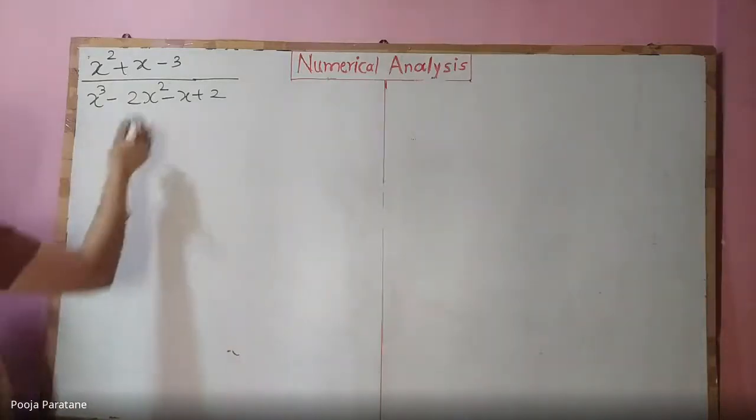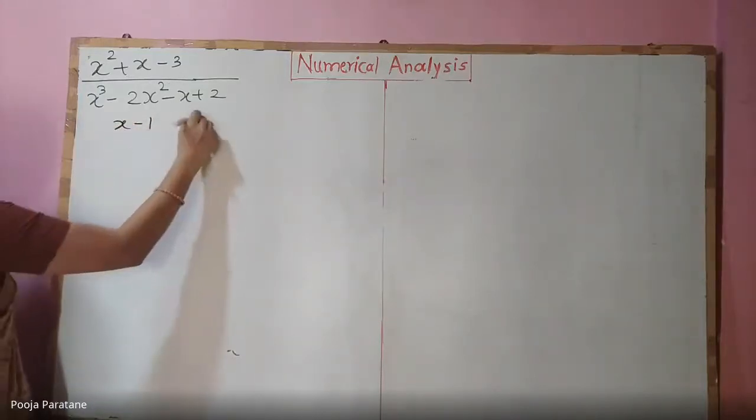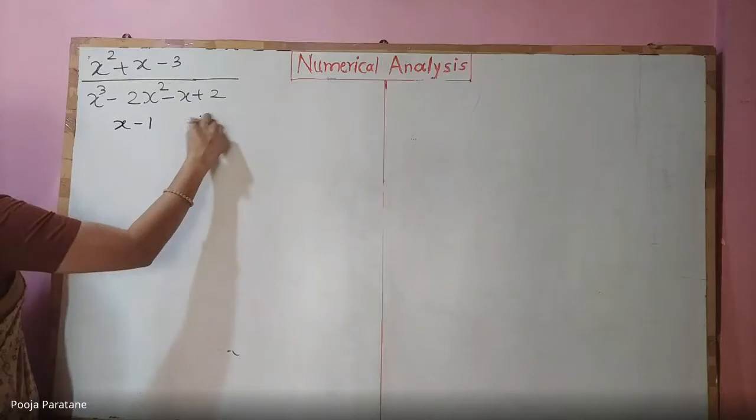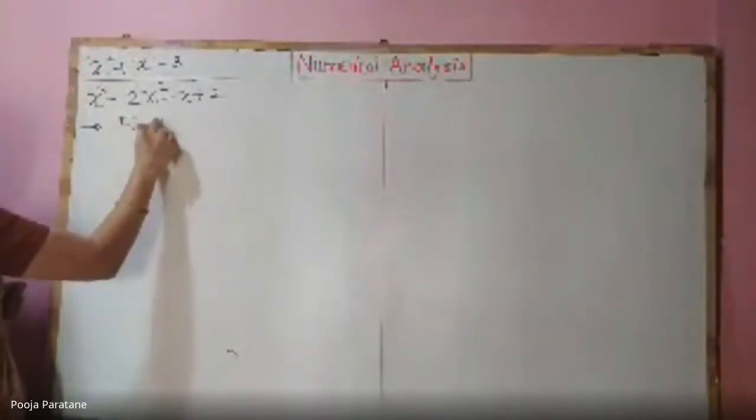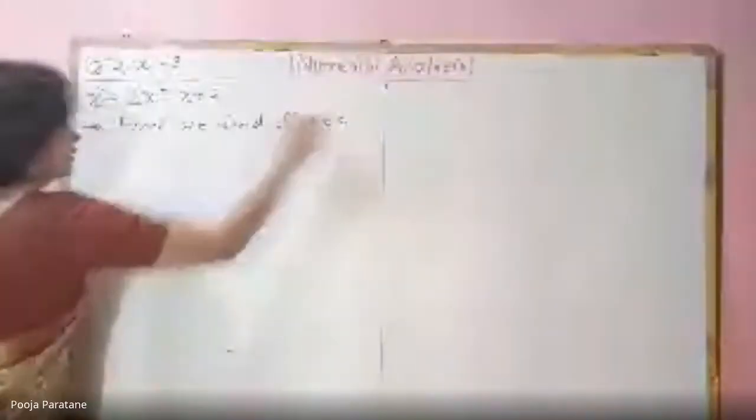Let us see here. The first factor we will consider, suppose I consider x minus 1 is the factor. That is, x equal to 1 should satisfy this, so I should get remainder 0. Right? For the synthetic division, the coefficients of this, now I am considering the denominator. Let me write it properly. First, we find the linear factors of this polynomial.